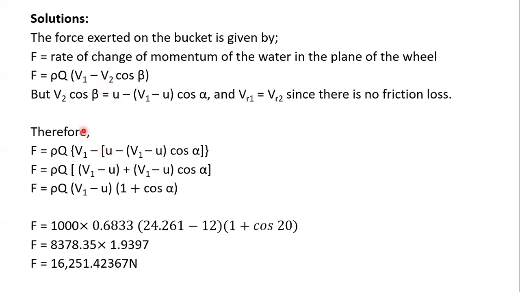So first of all, we said V2 cos beta is the same as this. Then we dive into this because we will need to find the equivalent. So this is the same as U minus (V1 minus U cos alpha) from the shape or the angle given.